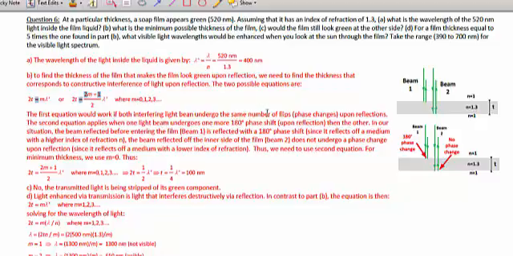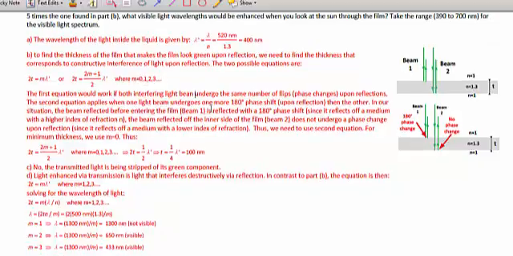So in this particular case, one of the beams undergoes a phase shift, while the other one does not. Because of that, we have to use the second equation for constructive interference, or twice t is equal to (m plus 1/2) lambda prime, where m takes integer values 0, 1, 2, 3, etc. So that's all we have to use. 2t is equal to (m plus 1/2) lambda prime.